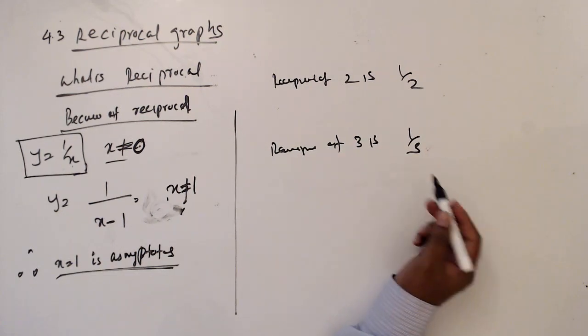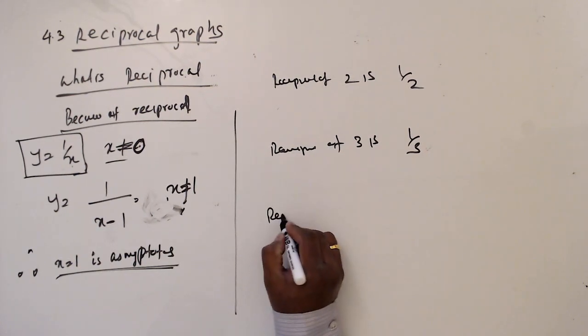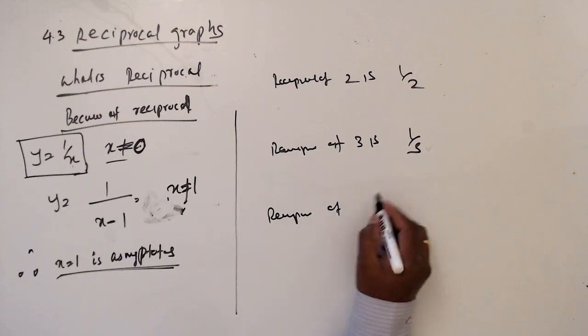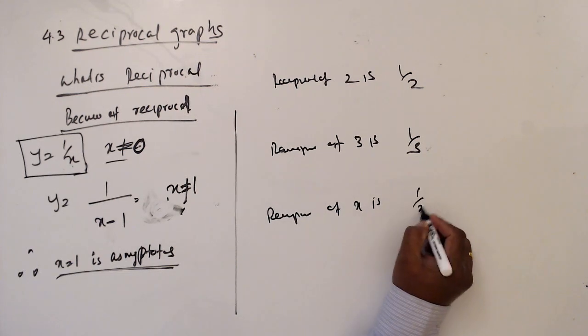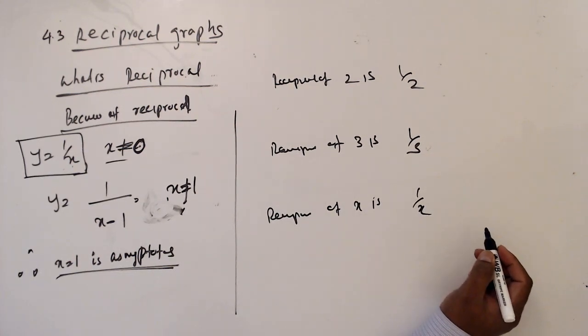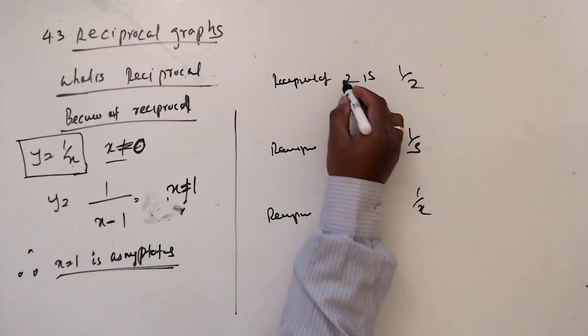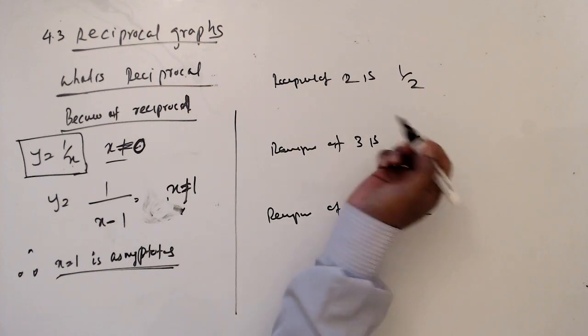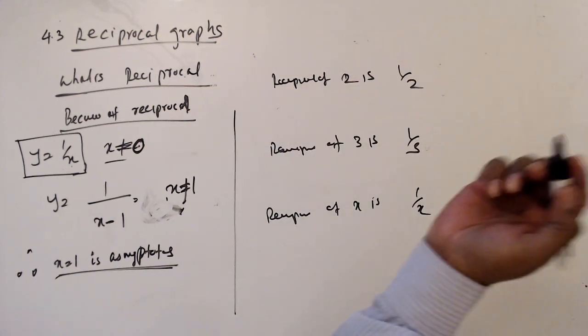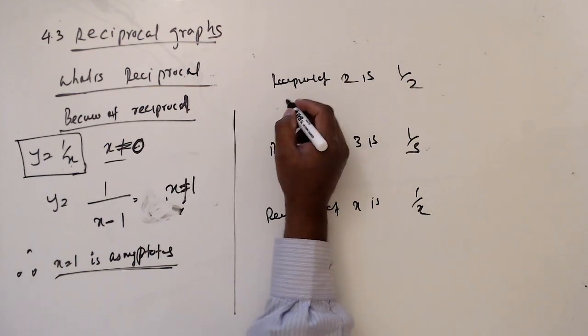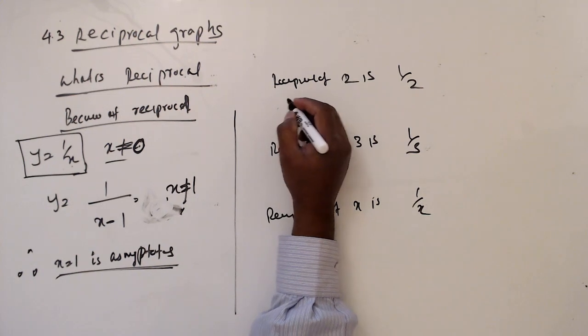That's how we write 1 over. Reciprocal of x is 1 over x. Also, you can write it in another way. This is an area you may not know, that's fine. Let's forget about it.